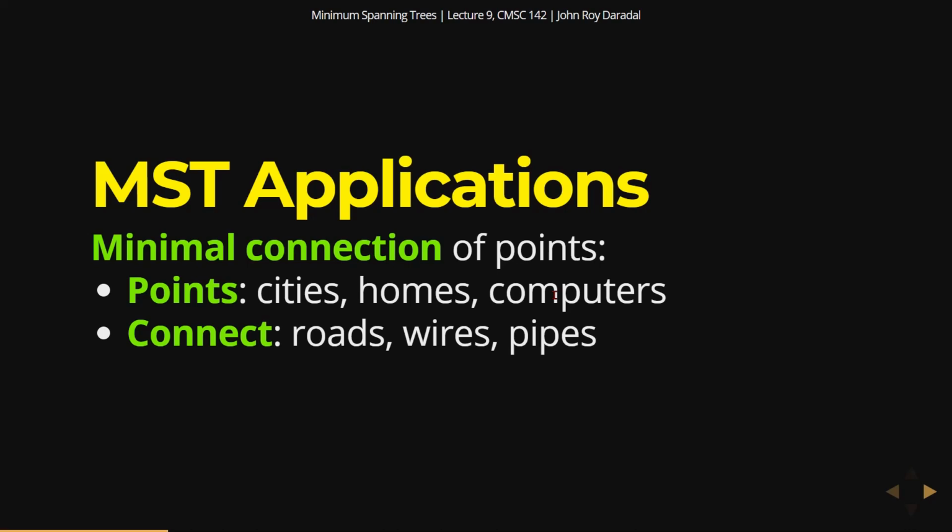Homes could be connected with wires and pipes for water and electricity. Then computers, the same thing, wirings for the network. So if you want the minimal amount of connection that would connect all points, then MST is the problem that you're looking at.